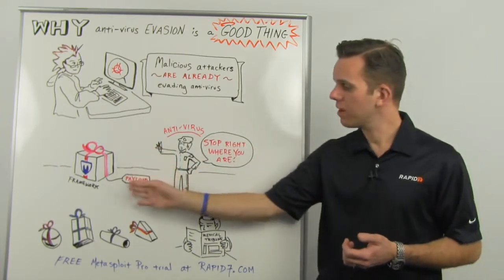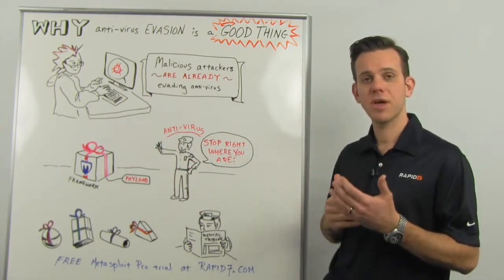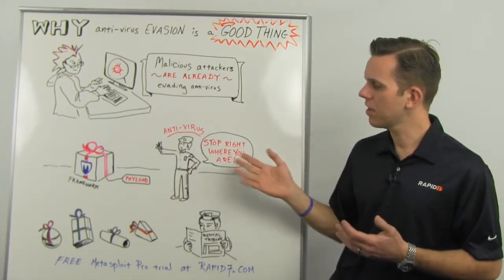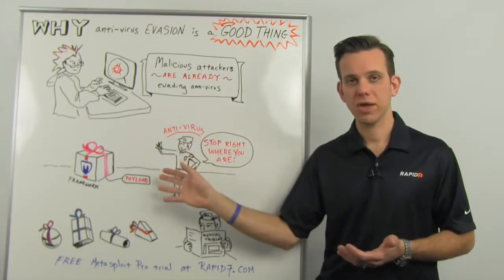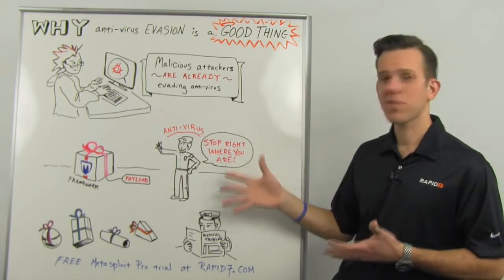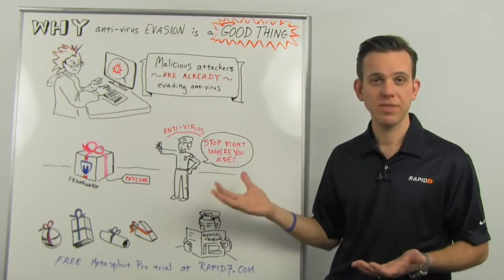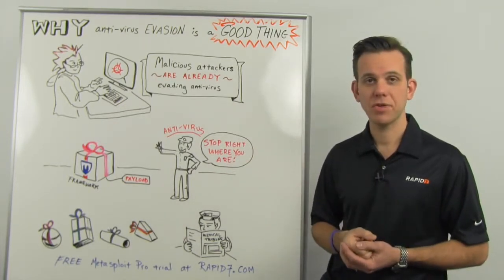With Metasploit Framework, that has become increasingly difficult because Metasploit Framework is an open-source product, and its source code and payloads are publicly available and free for everybody to have a look at.